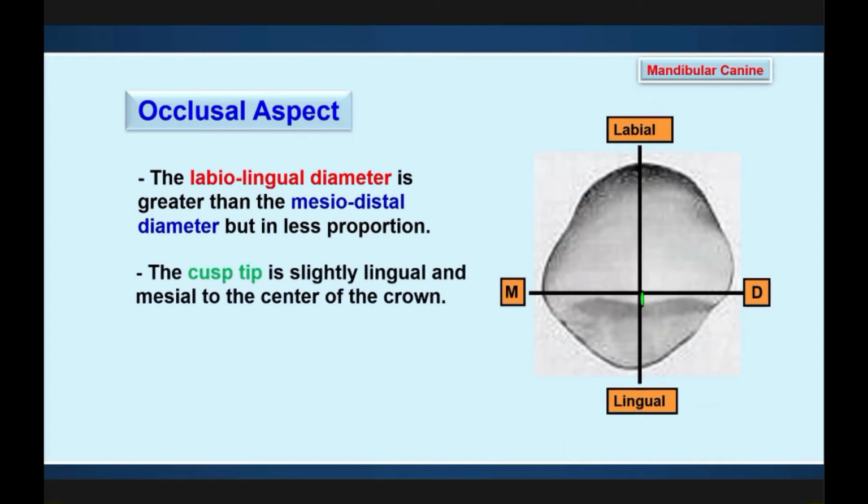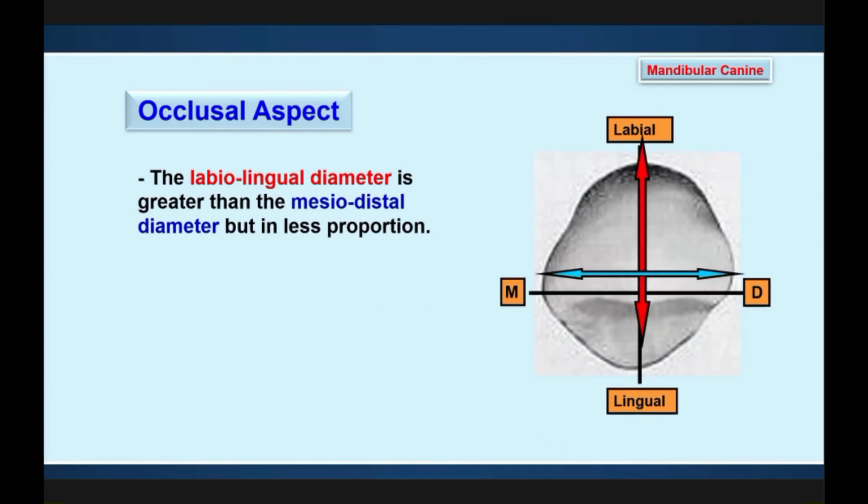Occlusal aspect. See the lines: the blue line is the mesiodistal dimension, and the red line is the labiolingual dimension. The labiolingual diameter is greater than the mesiodistal diameter, but in less proportion. What does it mean? In both canines, remember, the labiolingual dimension is bigger than the mesiodistal dimension, upper and lower.